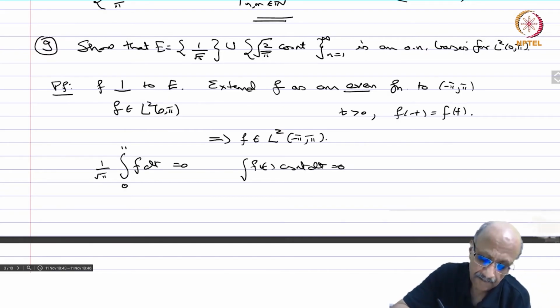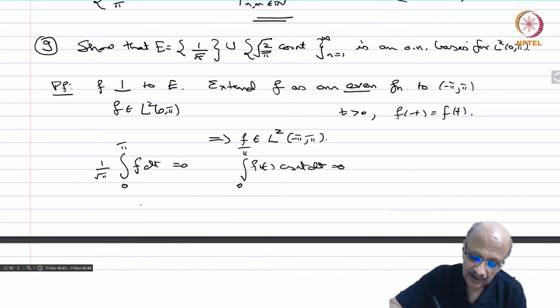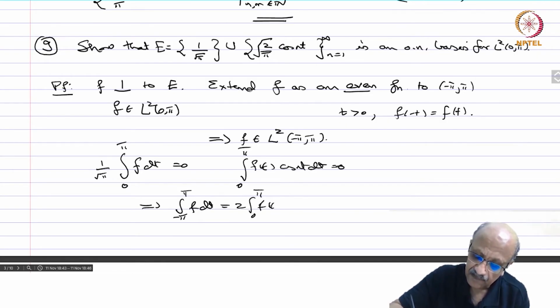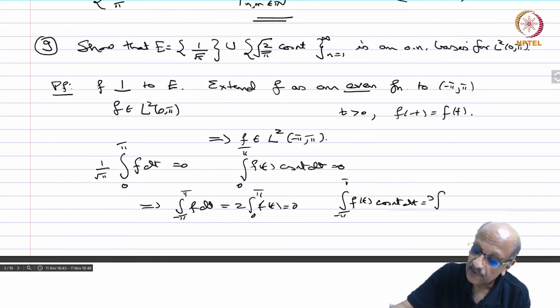This implies that integral minus pi to pi f dt, which is twice integral 0 to pi f dt, equals 0, and similarly integral minus pi to pi of f t cos nt, because both are even functions now, is equal to twice integral 0 to pi f t cos nt dt, and that's equal to 0.